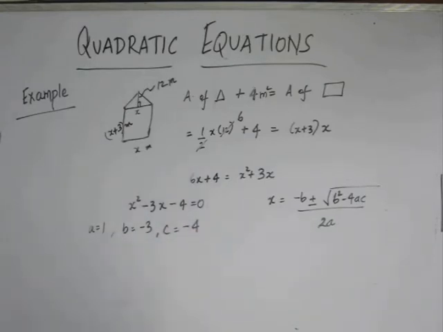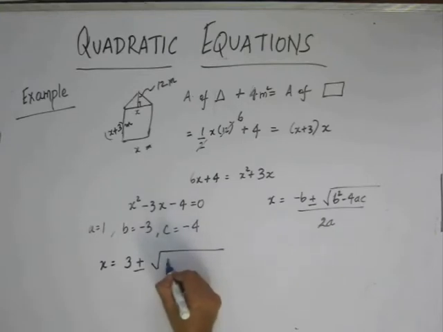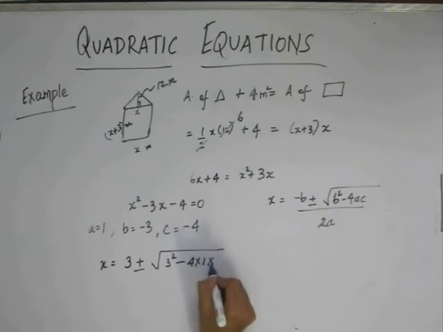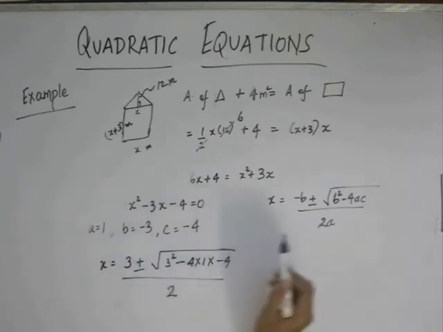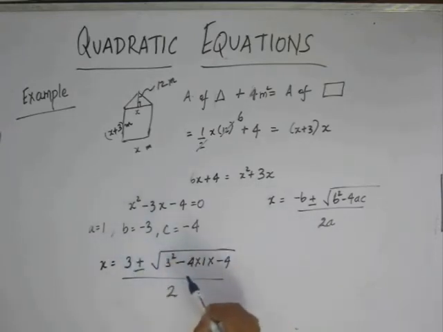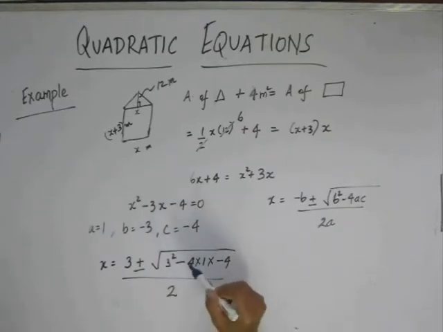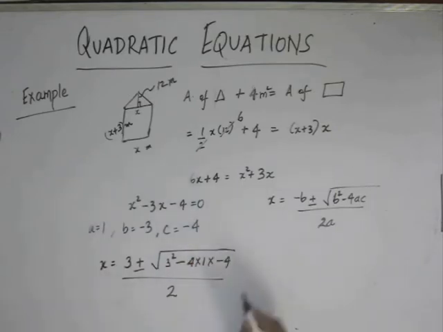So by substituting in this formula, we get x is equal to minus of minus 3 plus or minus root of minus 3 square minus 4 into a into c, by 2.